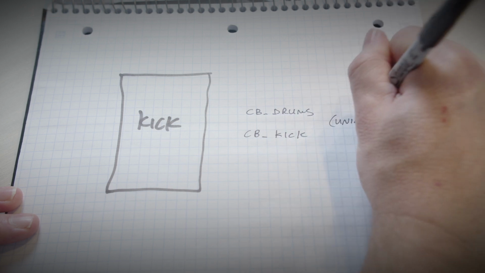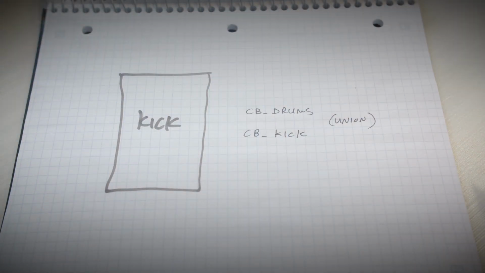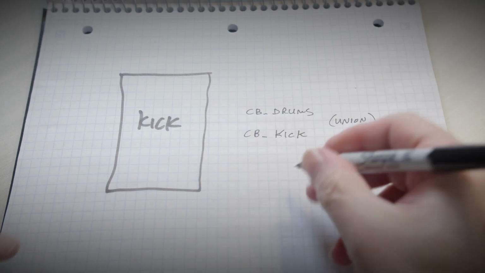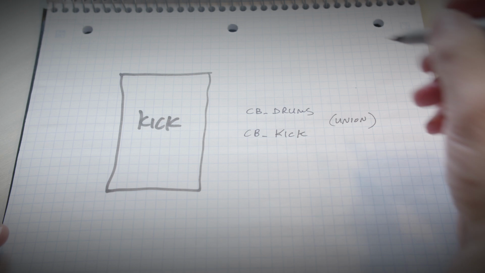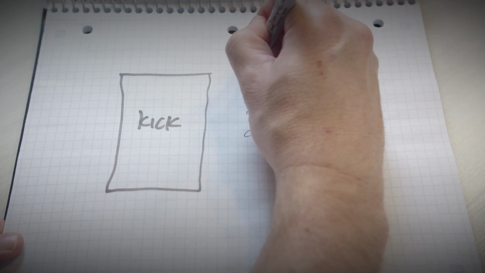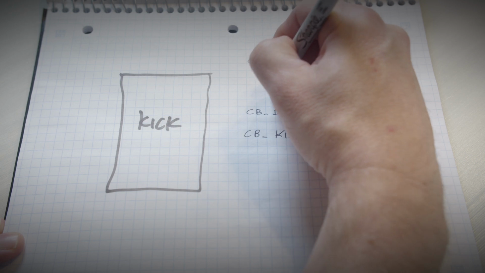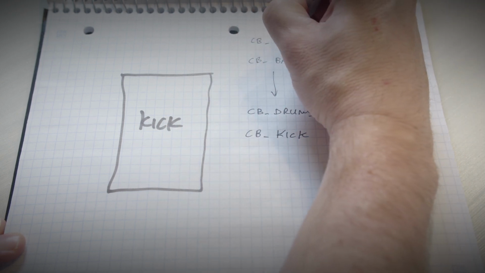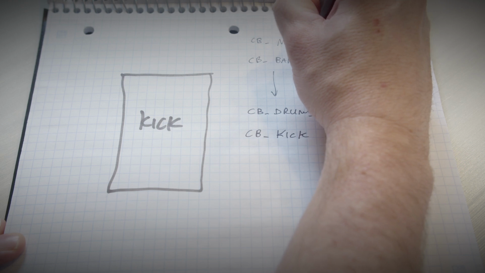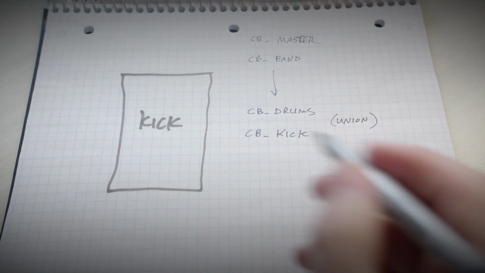Your end result going through your master speaker will be a multiplication of these two values. And you can expand this. You could add another control bus up here called band, and then the band would control all of these. And then up here, your hierarchy would be the master. So you're stair-stepping and creating a hierarchy of subgroups.